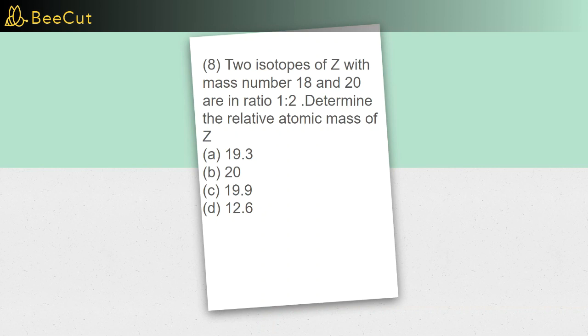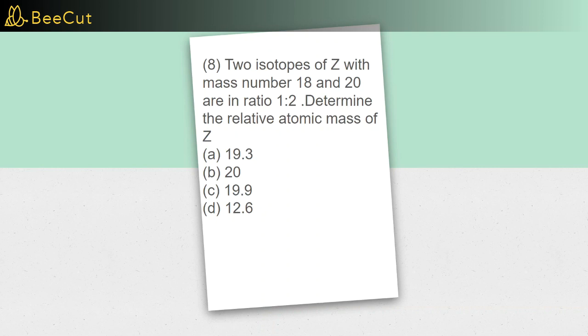Now, 18 multiplied by 1 is 18, plus 20 multiplied by 2, which is 40, divided by 1 plus 2, which is 3. When you add 18 plus 40 together, you get 58. You divide it by 3, you get 19.3, which is option A.